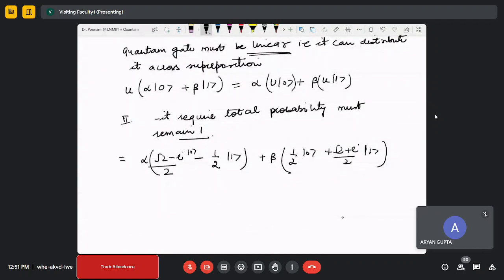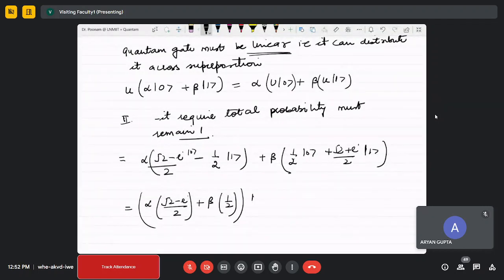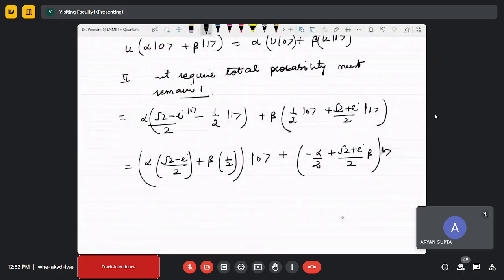Further, when we solve it, it will become alpha times root 2 minus 1 upon 2, plus beta times 1 upon 2, plus minus alpha by 2 plus root 2 plus iota upon 2 times beta, for 1. Clear? Let's check the probability amplitude.